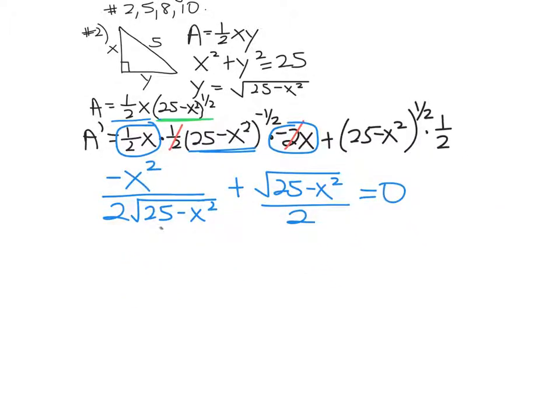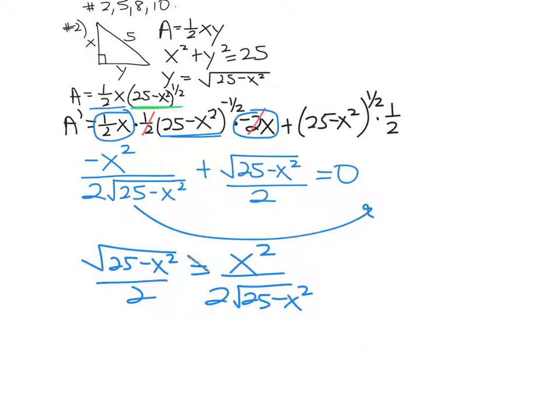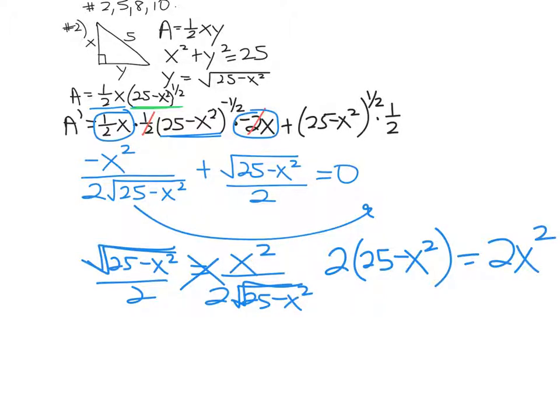Okay, let's add this guy over to the other side so that we get the square root of 25 minus x squared over 2 is equal to x squared over 2 radical 25 minus x squared. And then we'll cross multiply here to get 2 times (25 minus x squared), because the radical times the radical just gives me the stuff inside, equals 2x squared.